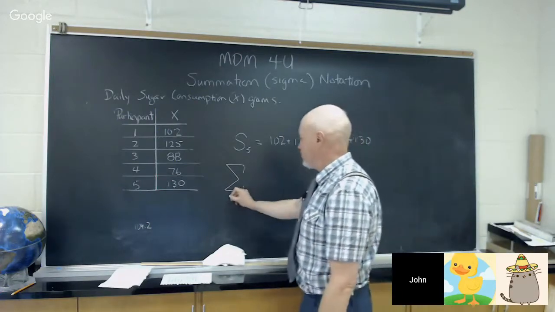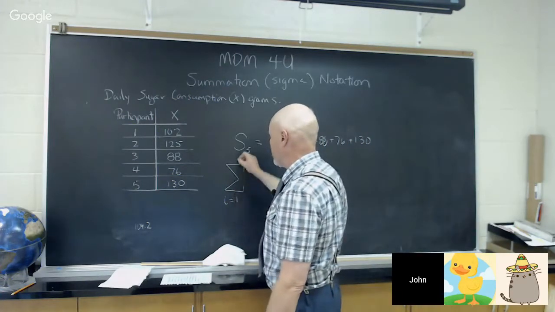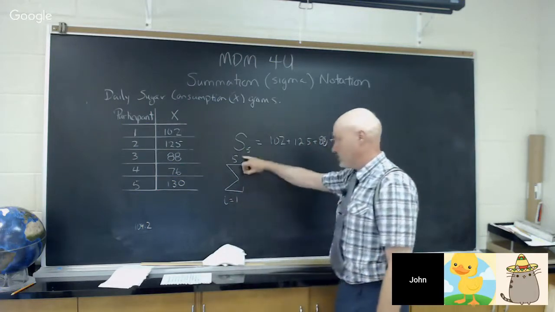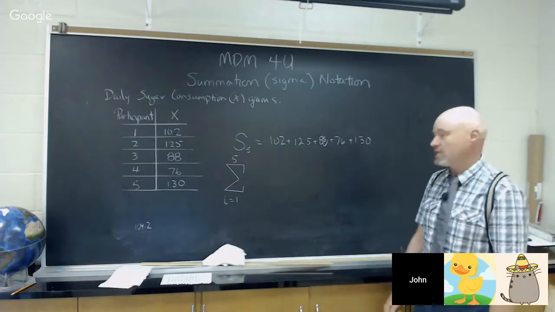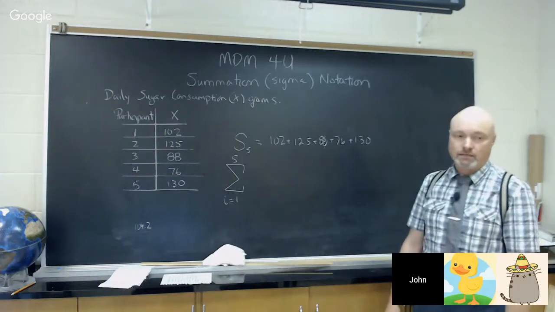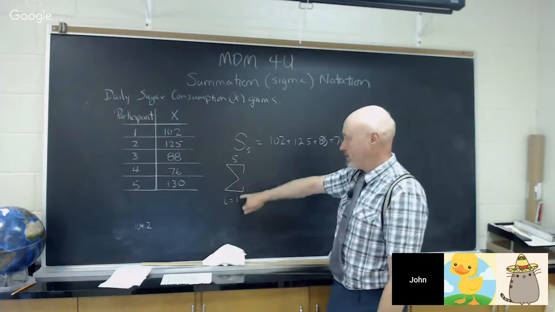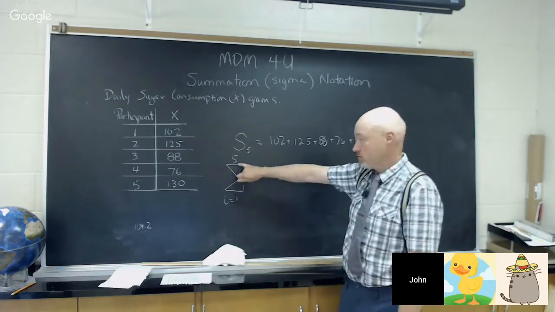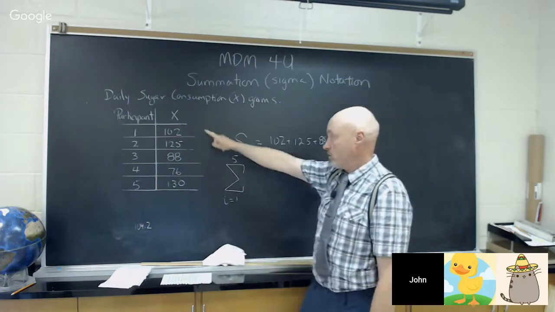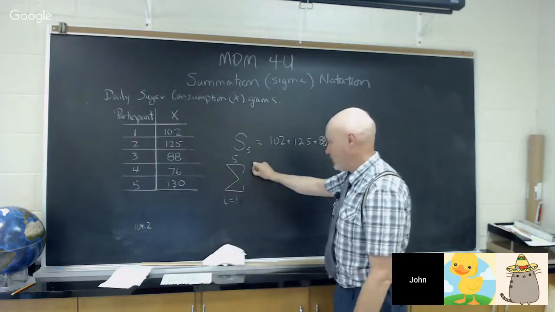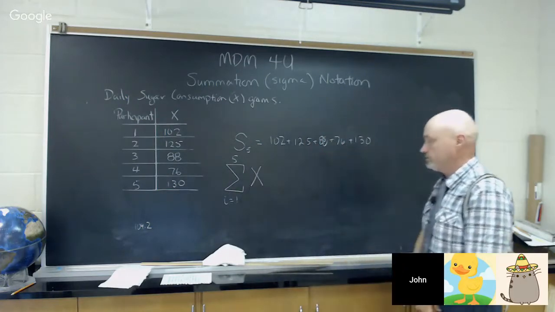Now, this little thing down here is called an index, and it tells you what elements of the set you're going to be summing up. So this says for the index 1 to 5, in other words, from item 1 to item 5, we are going to be summing up that variable X right there.